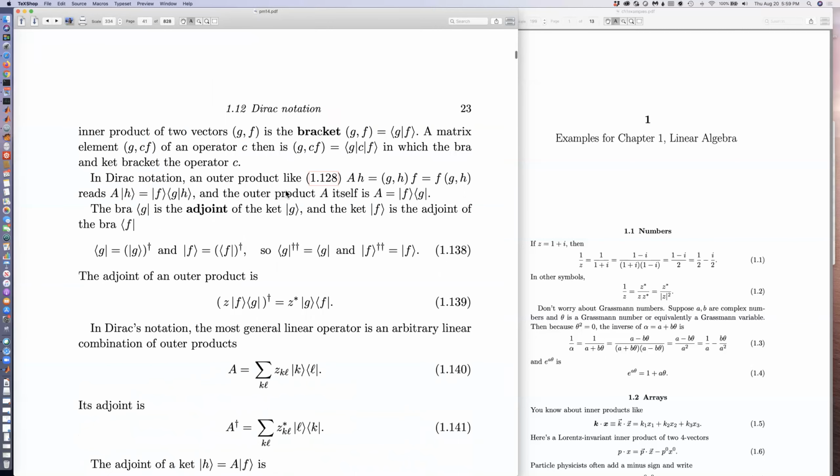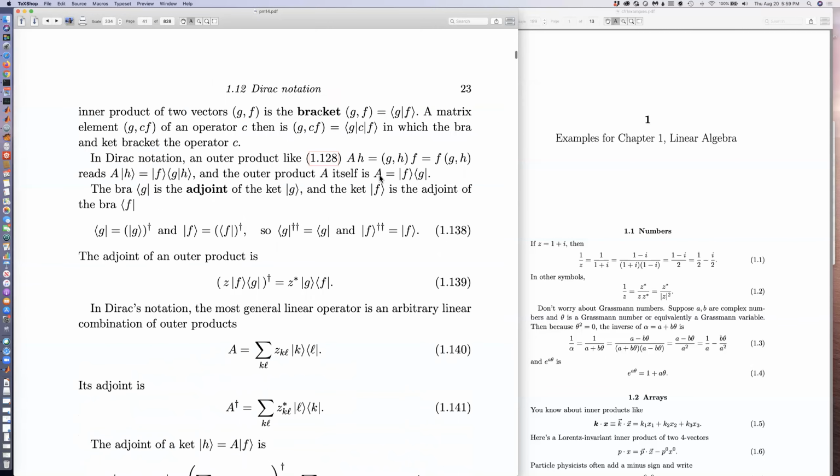And A itself represented as an outer product is just FG. So you see that if you identify the operator A with FG, then A on H is FGH, and this is automatically the inner product. So it's really a cool notation.